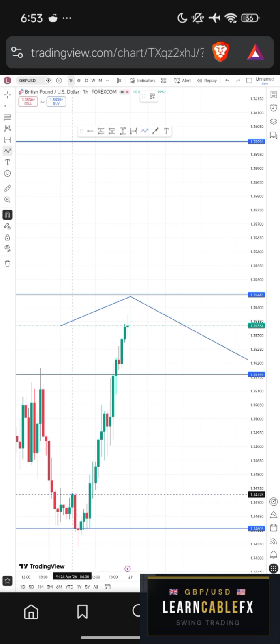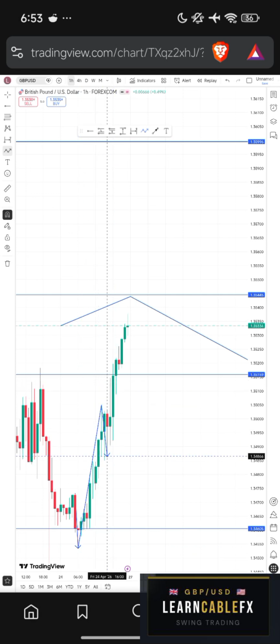Over here, price started trending upwards from here. High, low, high, low, and a high.